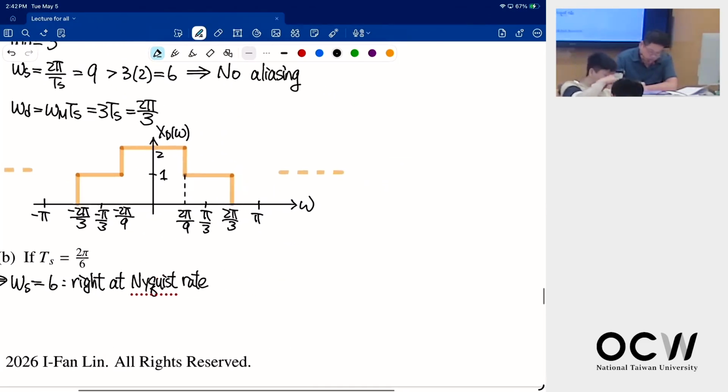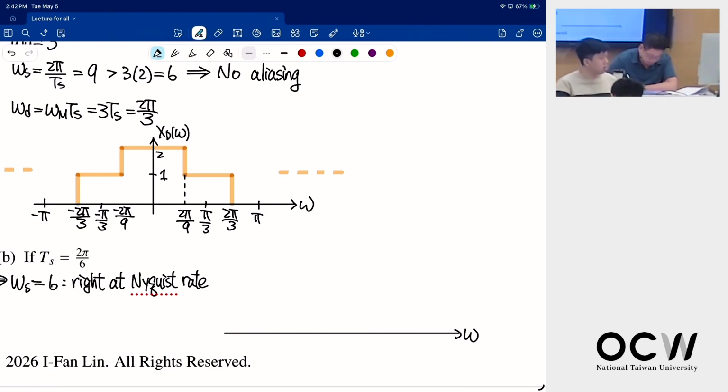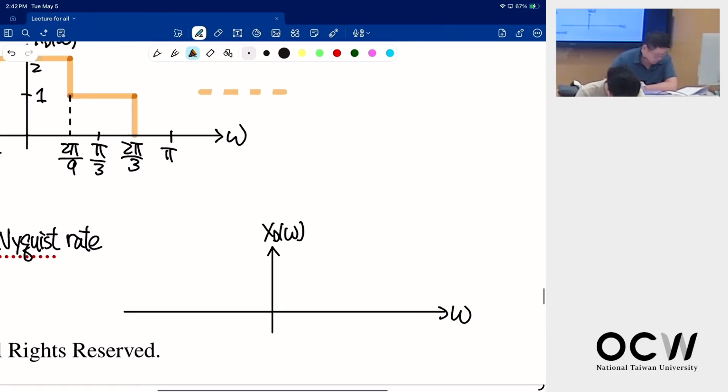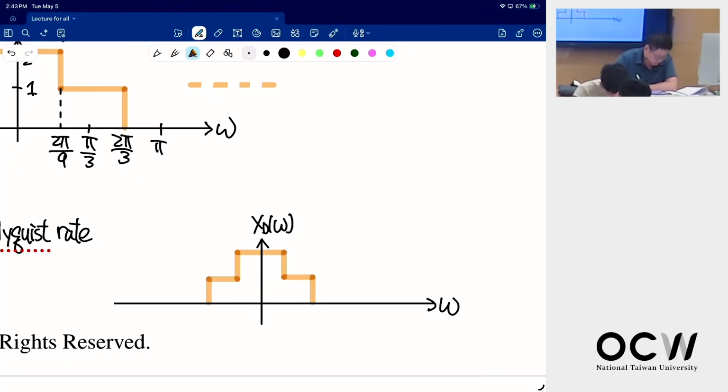So your DTFT of your signal will be, so it is just right at the Nyquist rate.